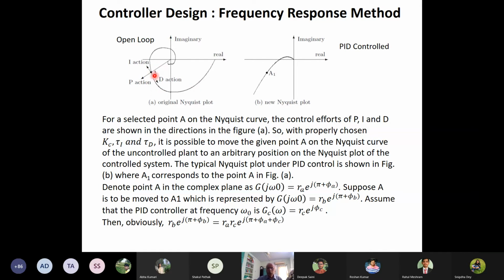So for properly chosen kc, tau I, and tau d, I fix these values for a PID control process. Let's say this value is A1. So I fix a value of A1, and from this value, I can find out what should be the values of kc, tau I, and tau d. This is basically the philosophy of finding the controller parameters using the Nyquist plot.